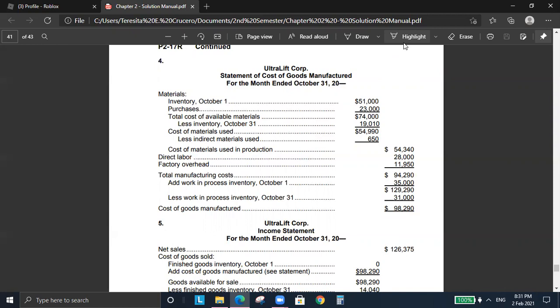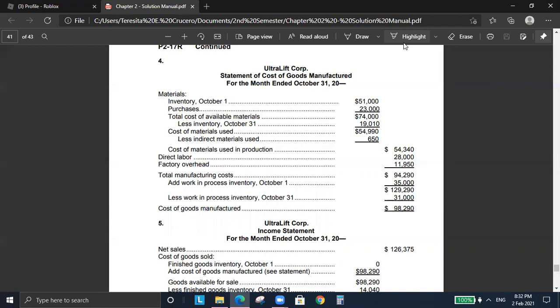You have now your purchases, and you will find the amount included here, 23,000. Then we have the total cost of materials available for use, and we deduct the inventory on October 31.